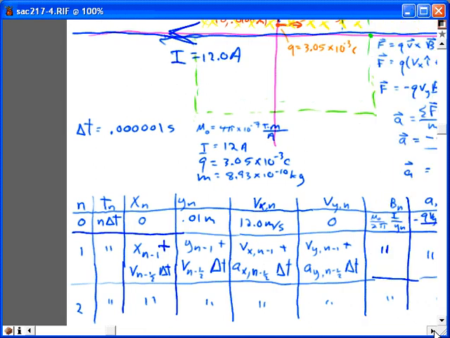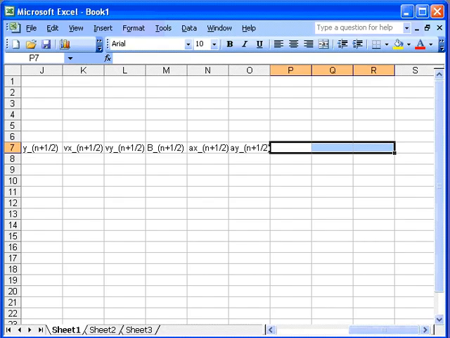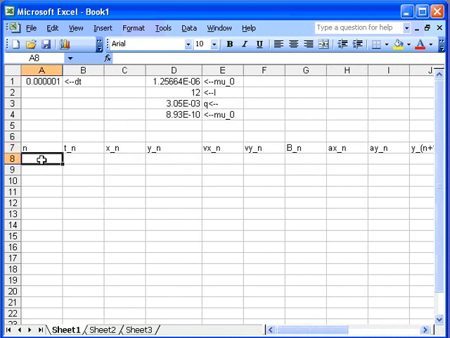Okay, get back over to the start. I'll call that 0, and then this is equal to the previous value. I'll just click on it, plus 1.